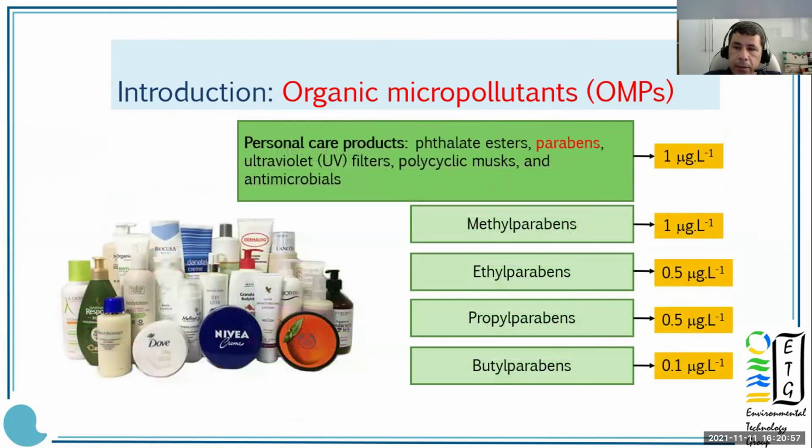We also assessed this kind of system on personal care products removal, and we selected a compound present in this category of organic micropollutants called parabens. We assessed different concentrations of methyl, ethyl, propyl, and butyl parabens, and the effect of microaeration on the removal of these compounds.